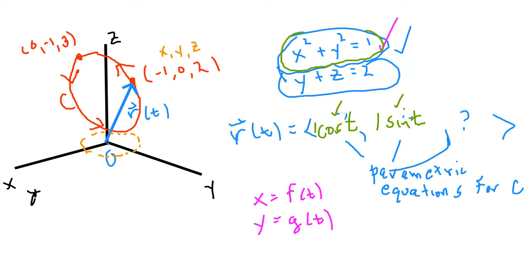But now we've got to find the z component. Well, they tell us that y plus z equals 2. That means z would equal 2 minus y. So what are we going to have then for the z component?